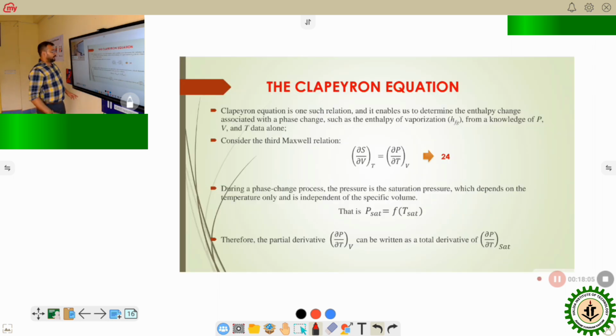Another one is an industrial application of the Maxwell equation, which is to identify the change in enthalpy at phase change conditions. With the help of the third Maxwell equation, we can get an idea about the enthalpy change of a phase change operation of a fluid, where the heat of vaporization is involved.